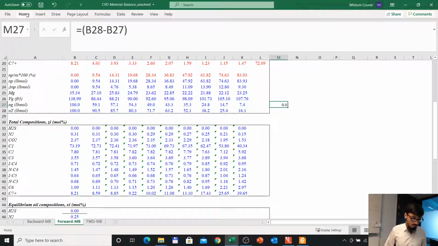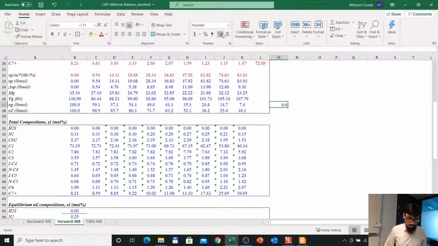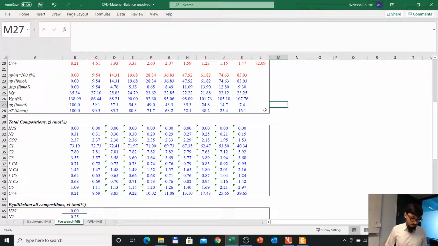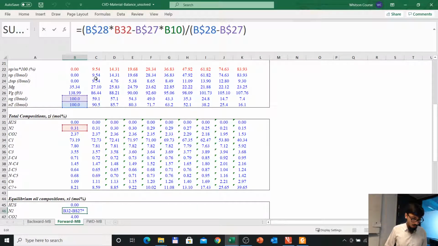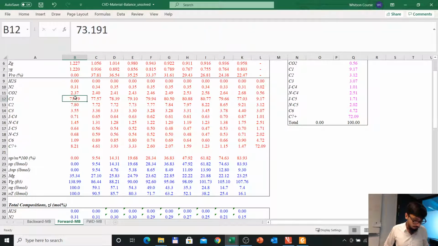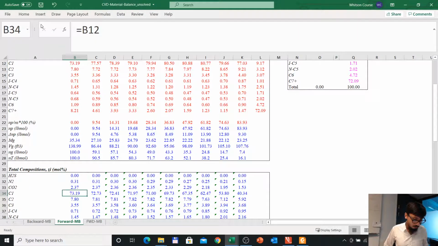Should be 0, right? So when we are doing this calculation here, this numerator, B28 minus B27, means it should be 0 and that should be 0. Yeah, but maybe it's because of the 73.191.